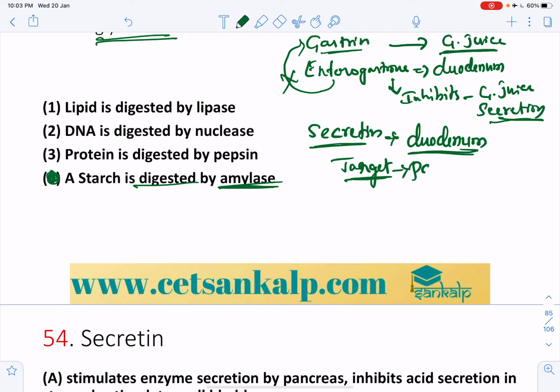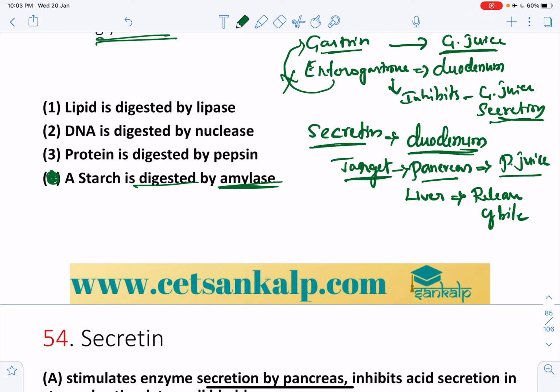One is the pancreas, for the release of pancreatic juice, and the liver, mainly for the release of bile. Bile salts and other things are produced by cholecystokinin, right?